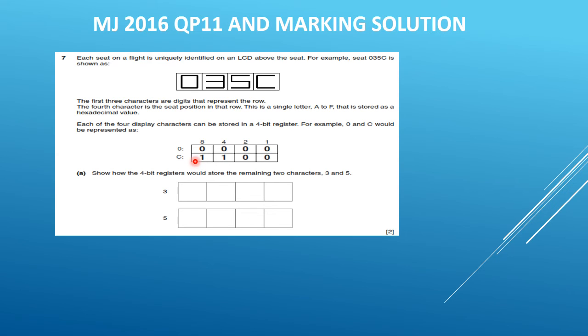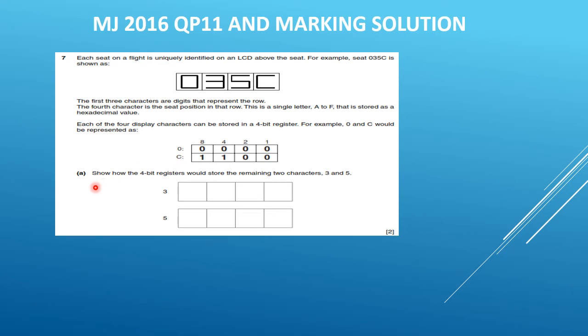So we know 8 plus 4 makes 12, which is equivalent to C. So we have put 1 under the binary notation 8, and we have put 1 under the binary notation 4. This way we got the equivalent value of C.